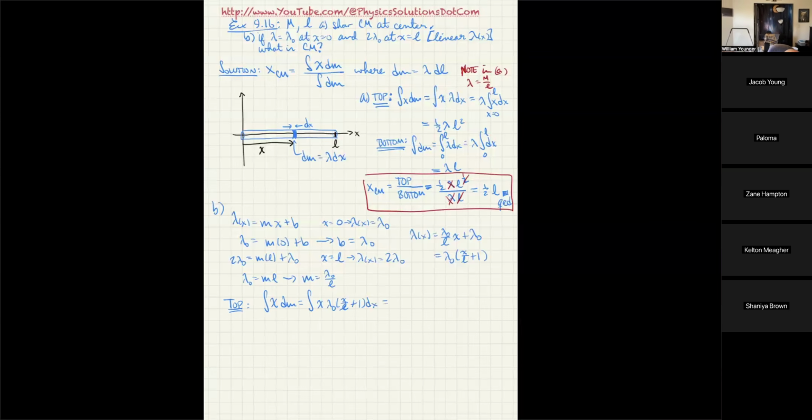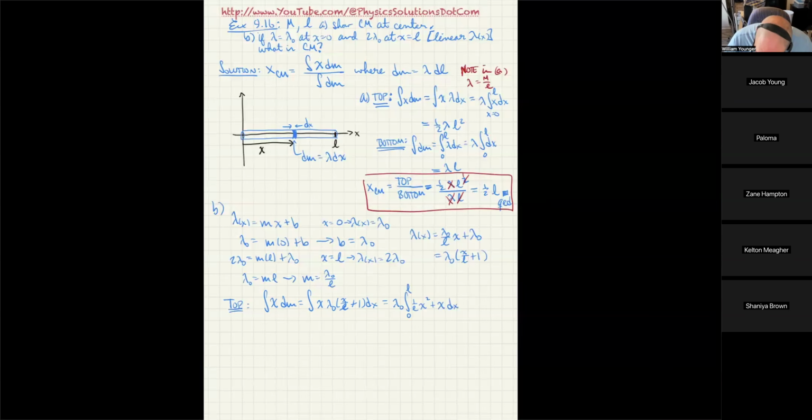And of course, that lambda 0 can just come out in front, and I'm integrating from x equals 0 to L of, now I'm going to distribute the x. It's going to be 1 over L times x squared plus just plain x dx. So we see where the little L came in. We're all good with that.